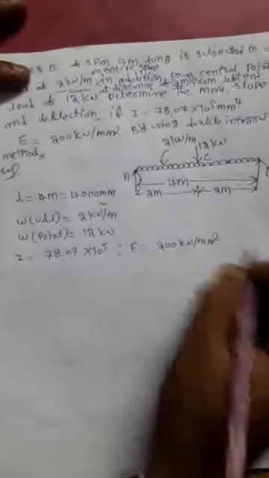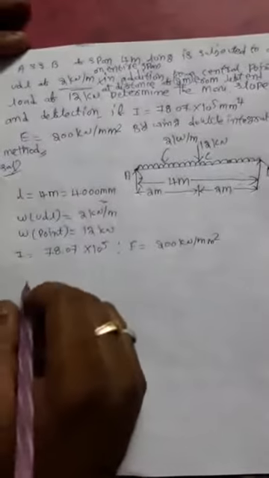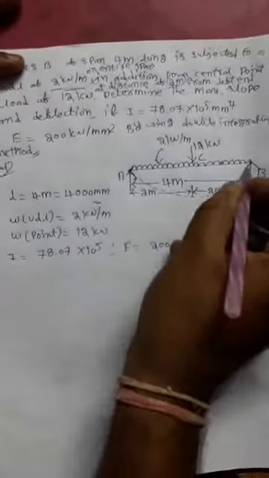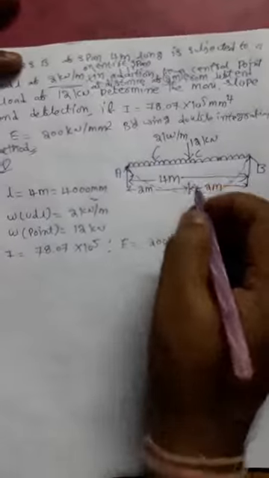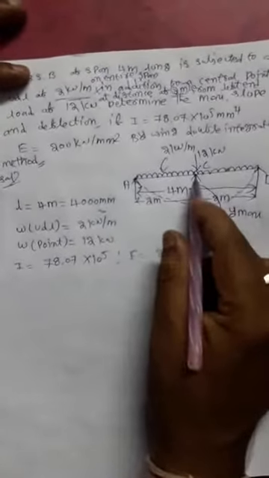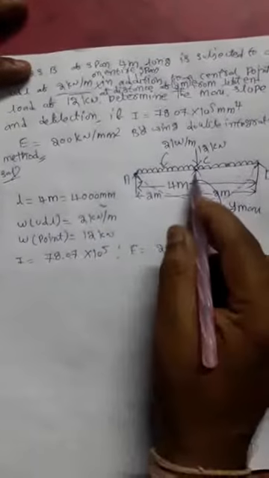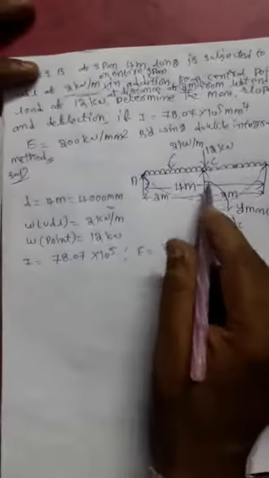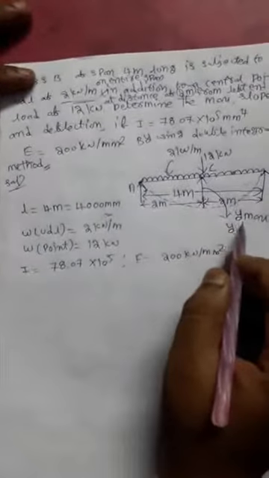Okay, for finding the maximum slope and deflection, the deflection shape is like this for this beam under the loads. So the maximum deflection occurs at C, that is y maximum, at yc. The maximum deflection point for this beam is at the center only, so that center point is also denoted as y maximum.